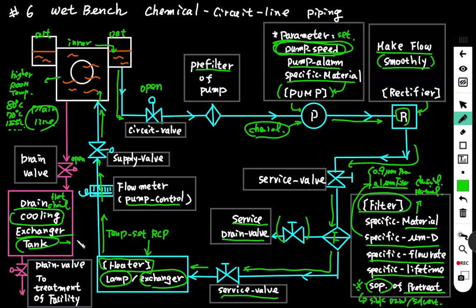Usually it cools to under 13 degrees centigrade. The temperature is lowered to 13 degrees centigrade. The drain valve opens to let the chemical go to the treatment of the facility.